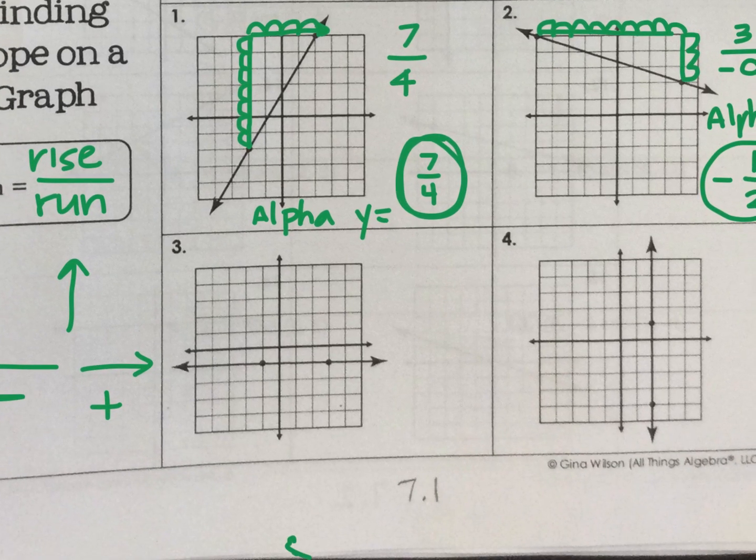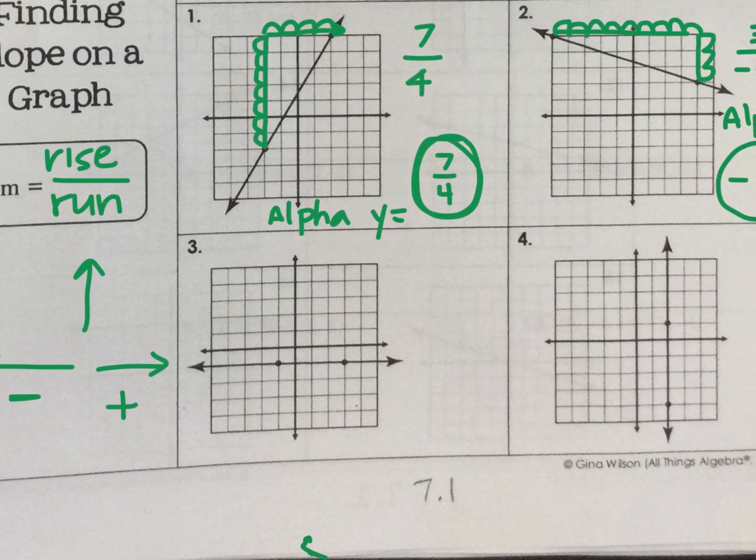Let's look at this one. Straight across line. So to get from this point to this point, I don't rise any. So 0 rise. I run 1, 2, 3, 4. I run 4. If you type that in your calculator, you will get a 0 because this has 0 slope. I can also just look at it and know that.